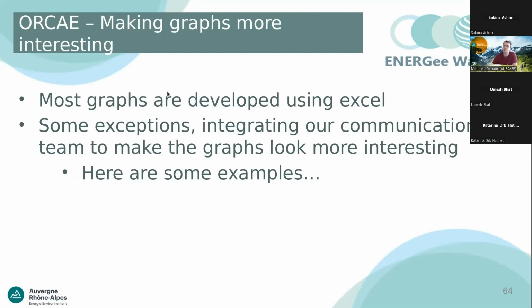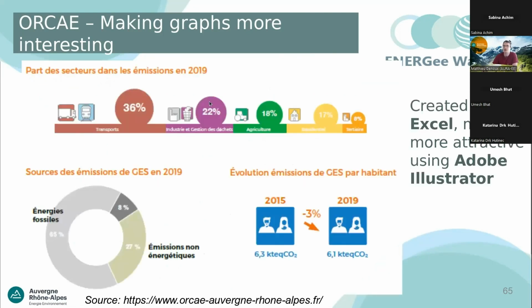So most of the graphs are developed using Excel, but sometimes we want to make the graphs more interesting. So for example, here, for this graph, we created the main graph in Excel, and then we made it more attractive using Adobe Illustrator to be sure that the message would be easy to understand. For example, here we have a circle, whose area depends on the value, and then we just have the distribution between the different sectors.